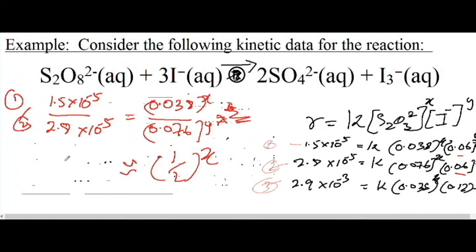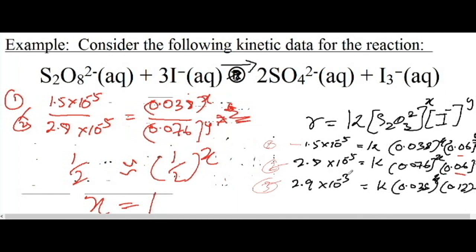For 15 over 28 means 1/2, then the value of X equals 1, and this is the order with respect to thiosulfate.